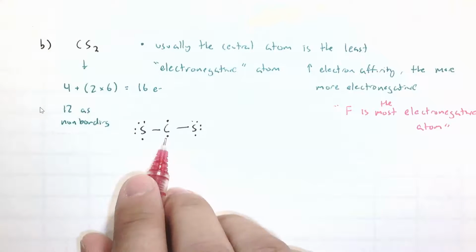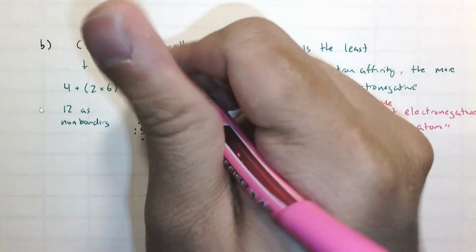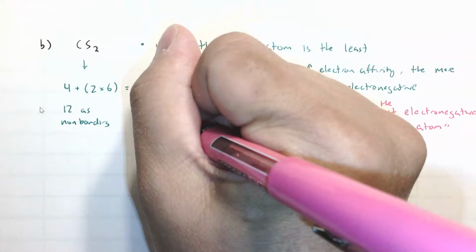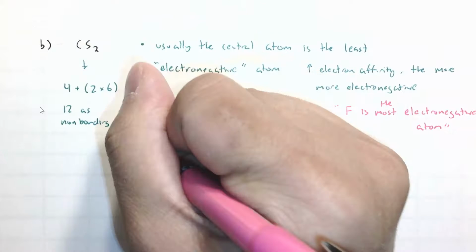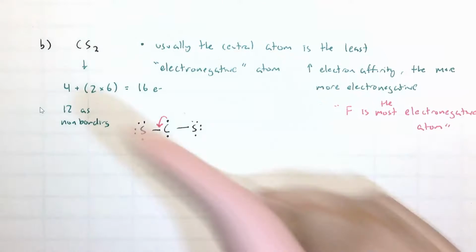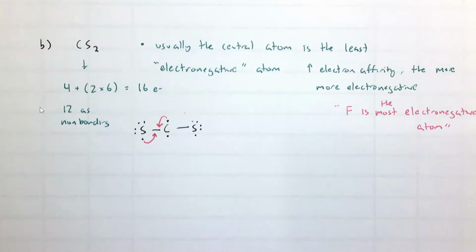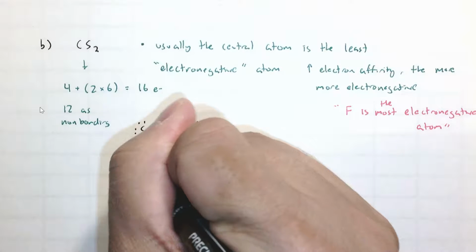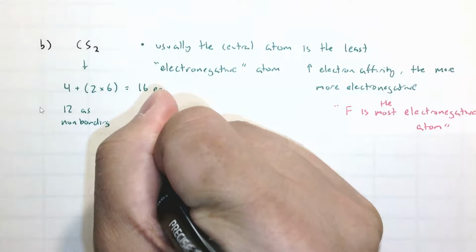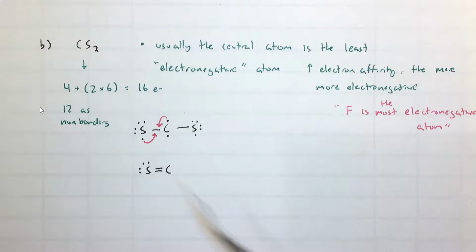I need carbon to have 2 more covalent bonds. So this is our first example where we're going to have double bonds, and I'm going to bring this electron down, and for sulfur, I'm going to bring this electron to the bond as well. You see what that accomplishes? We're going to redraw this now, and those 2 electrons that I just moved with the pink arrows make a second bond.